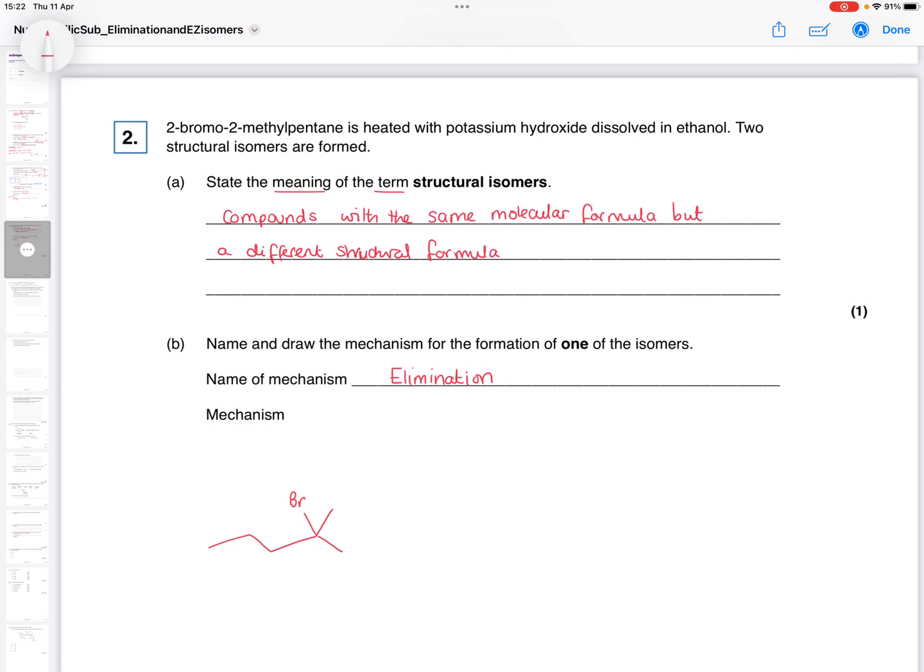And so we can take hydrogens from either side of the carbon attached to the bromine. So I'm going to do the elimination from this. It doesn't matter which one, it's just one of the isomers.